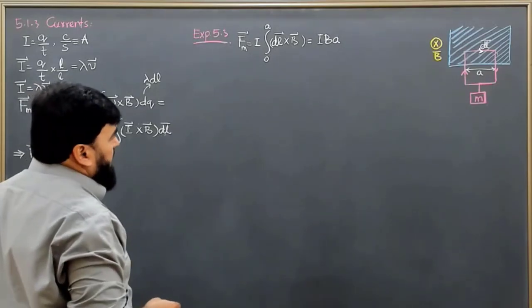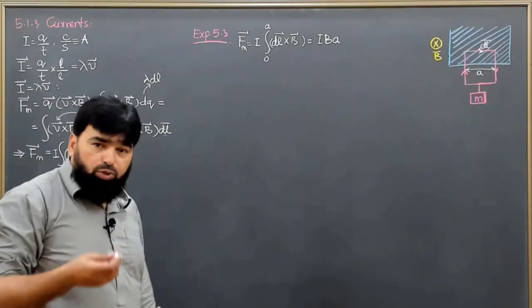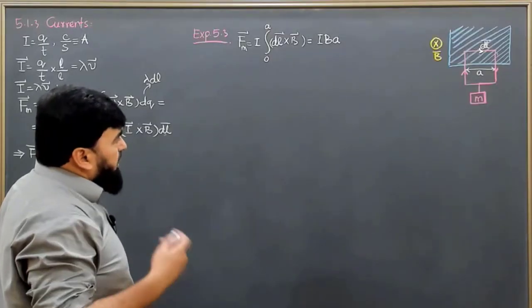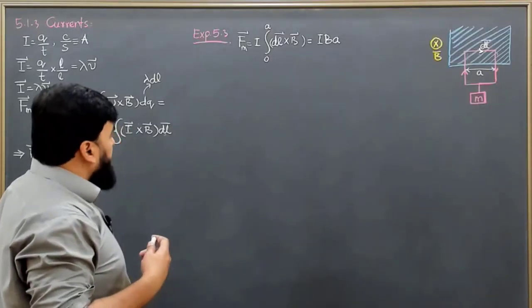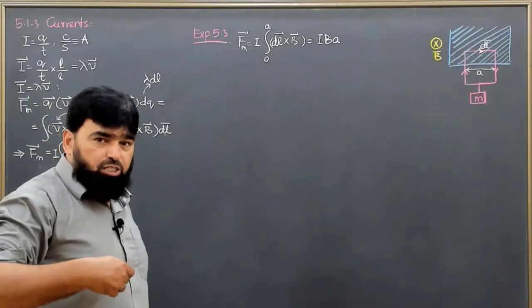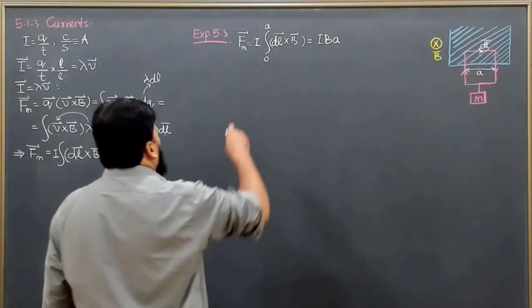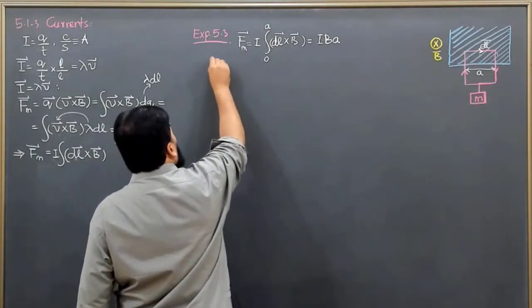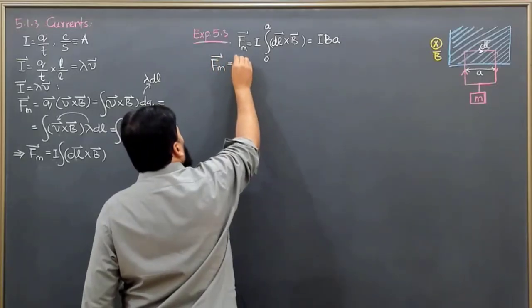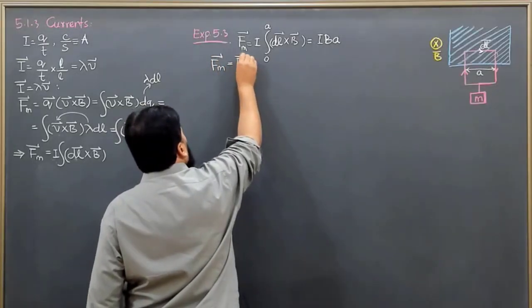Now if we say that current is flowing in this loop, and the magnetic force balances this weight, we will write that the magnetic force is balancing the gravitational force.